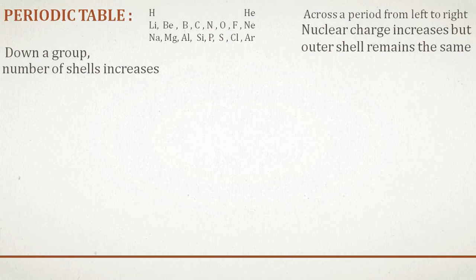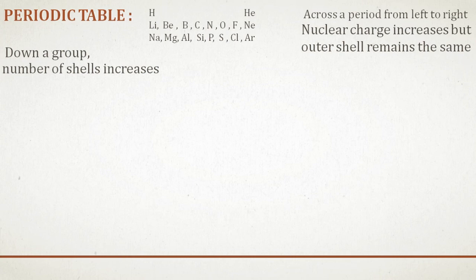For hydrogen, the atomic number is 1, electronic configuration 1. For helium 2. So there the number of shells remains the same, only one shell for the first period. For the second period elements, two shells, 2,1 for lithium. For beryllium 2,2. For boron 2,3. For carbon 2,4. For nitrogen 2,5, and so on.